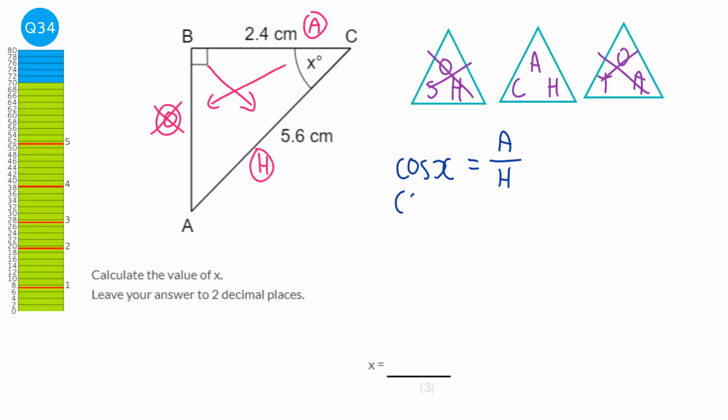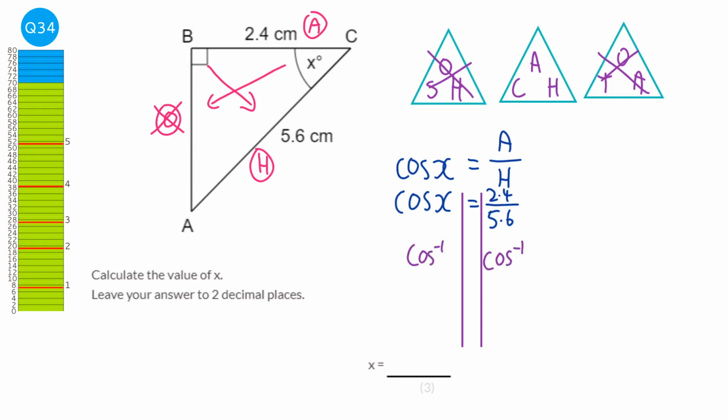So it's actually cos x, because we're looking for the angle, and the adjacent is 2.4, and the hypotenuse is 5.6. So we're going to get our solving lines in, and what we're going to do is inverse cos both sides, because we're looking for just x.